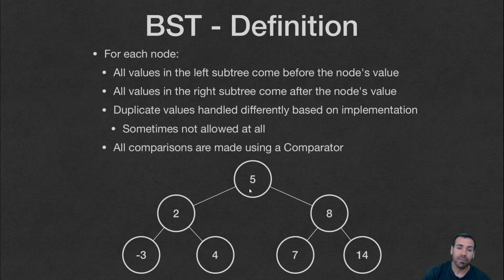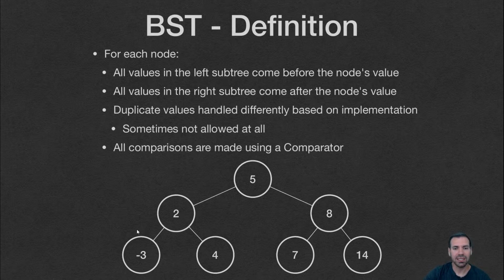But the property has to apply to every single node. So when we go over to this node with 2, to the left, -3 is less than 2, we're good. To the right, 4 is greater than 2, we're good. 8, 7 is less than 8, 14 is greater than 8, so we're good here. So all nodes comply with the standards, and all the rest of the nodes have no child nodes, so nothing to worry about.